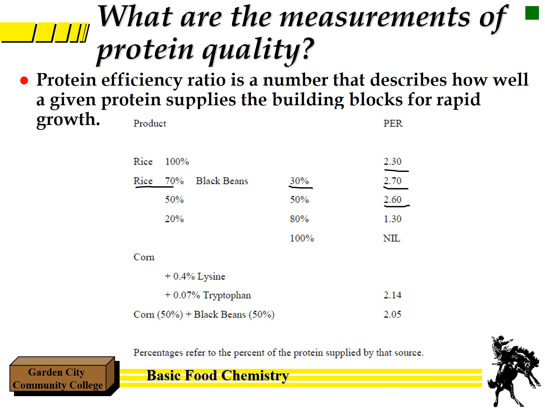So you can see the protein efficiency is going down with more of the black bean being added to it. So your corn with lysine or tryptophan, 2.14. If you go back to the corn plus black bean, it's 2.05. So you can look at these and say what's the most efficient type of feed source for actual protein growth.